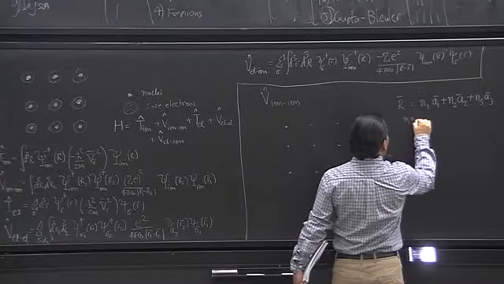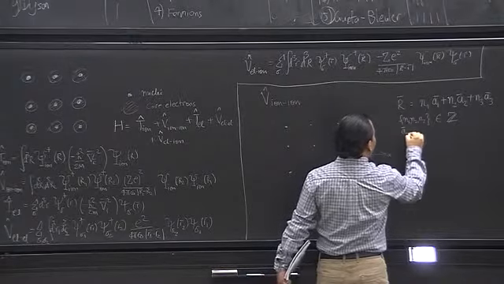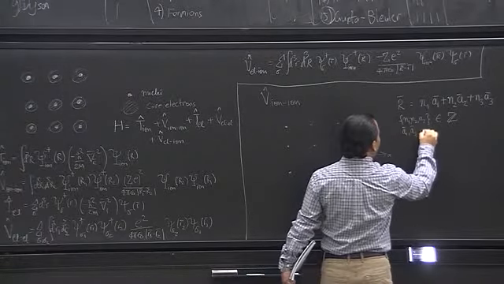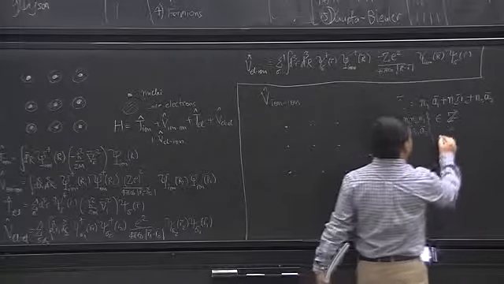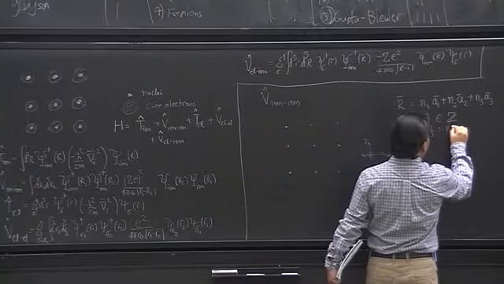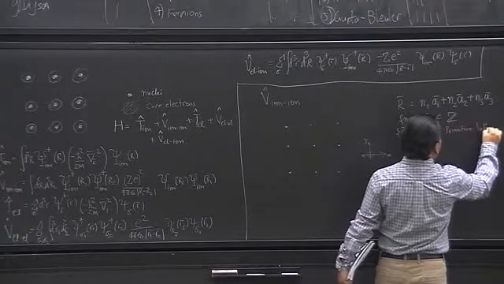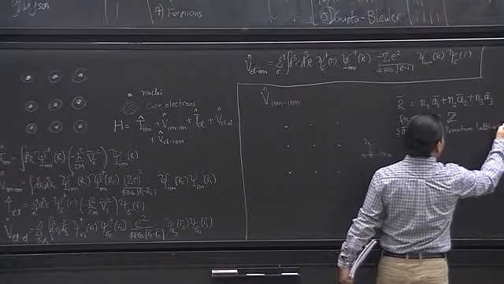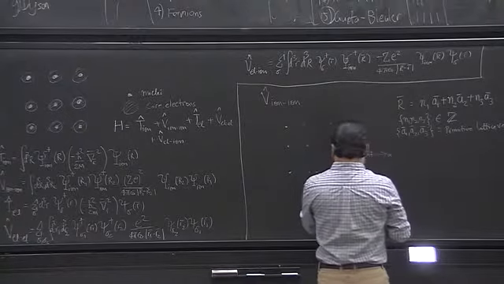n1, n2, n3, these are some integer numbers. a1, a2, a3, these are three vectors that are called primitive lattice vectors. So this is just notation.